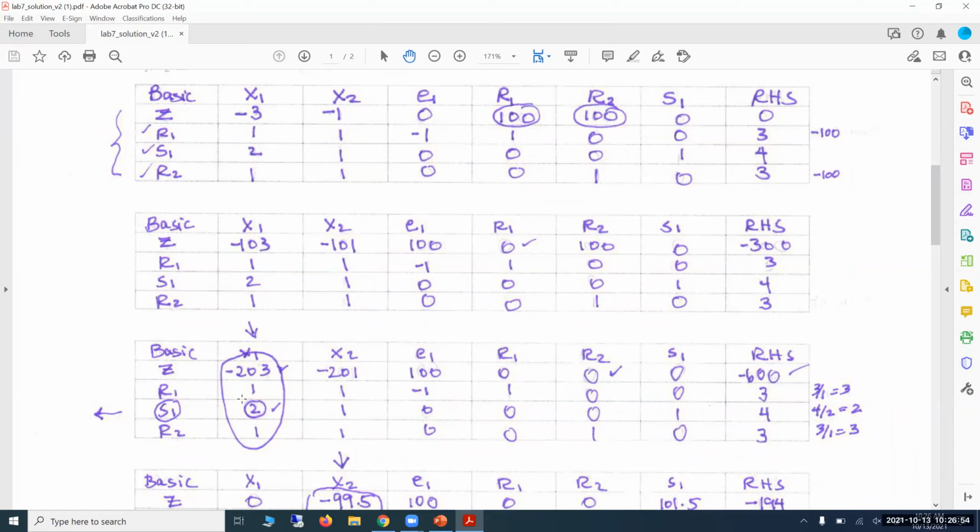So at this point, you have completed the process of finding an initial solution. From this point on, you are solving the problem using the simplex method.